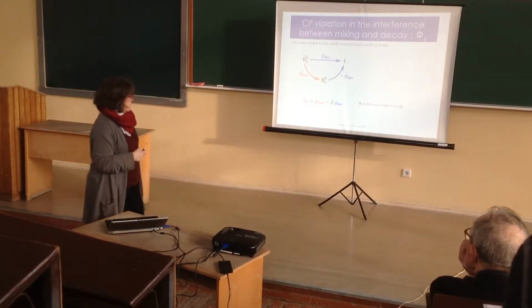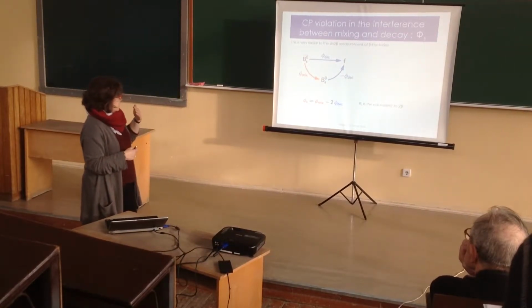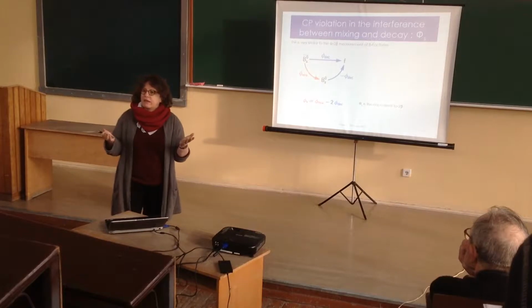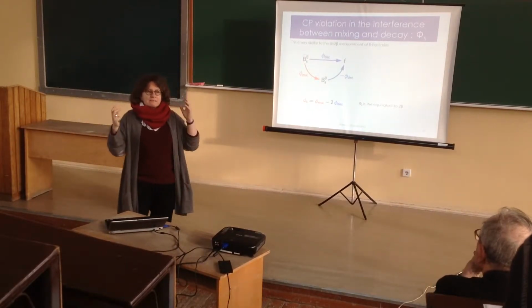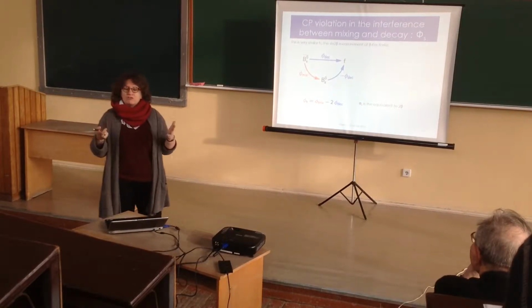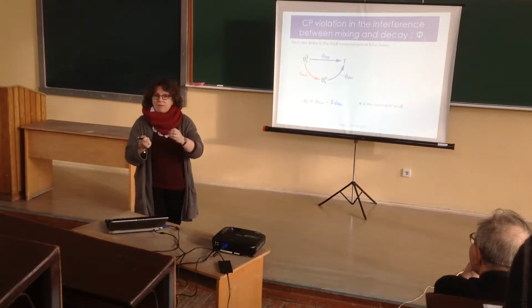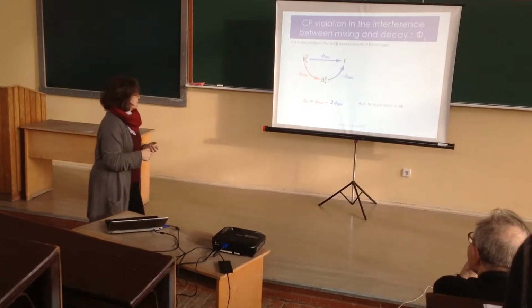So, you remember yesterday I told you that if there is one thing to remember, it is that in order to get CP violation, you need two paths to reach the same final state.